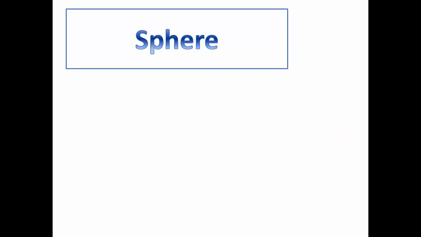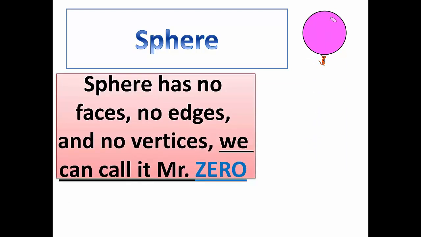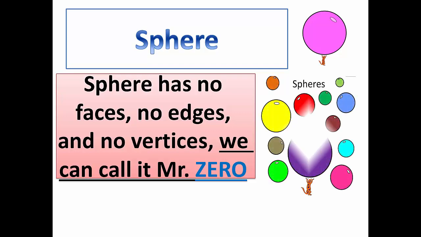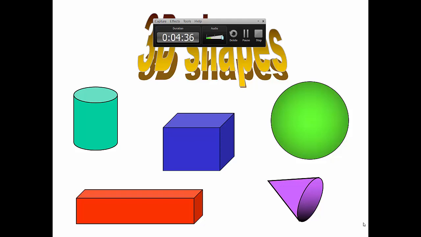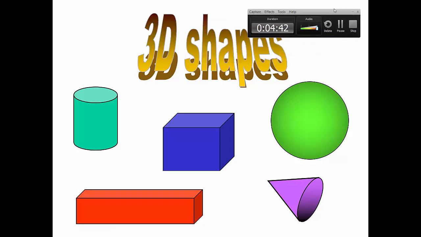And we have sphere. Sphere has no faces, no edges, and no vertices, so we can call it Mr. Zero. Okay, my students, let's have more exercise about 3D shapes or about solids.